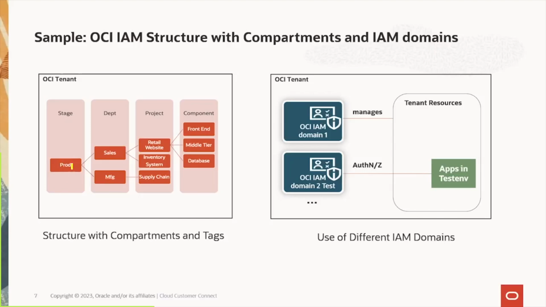So this means a production environment is the first compartment. And the child compartment of this is sales, because here they went for the different business entities, and in sales, the next child compartment is the project or the application base. So here, for example, the retail, and then retail is again divided up into different compartments.